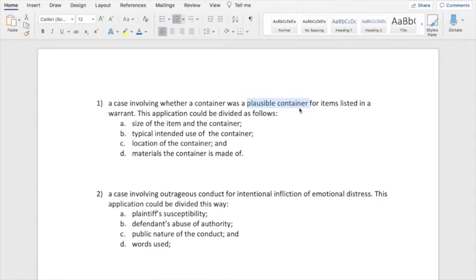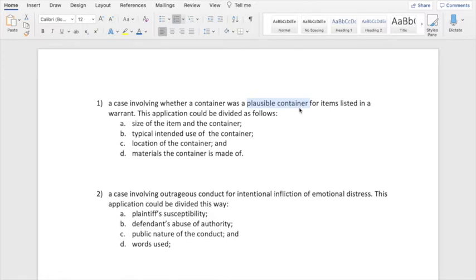Instead of applying case by case, the writer can break it down into categories, such as the size of the item and of the container to show that it fits, the typical or intended use of the container to show that it's being used in its typical way, the location of the container, and the materials the container is made of.